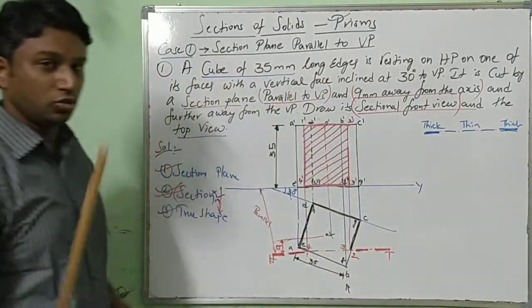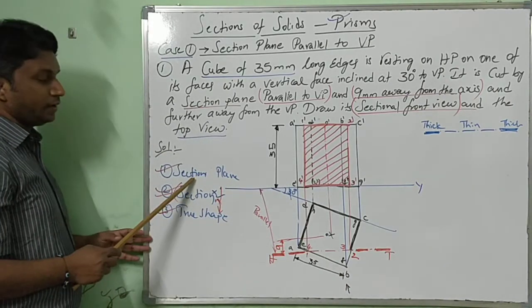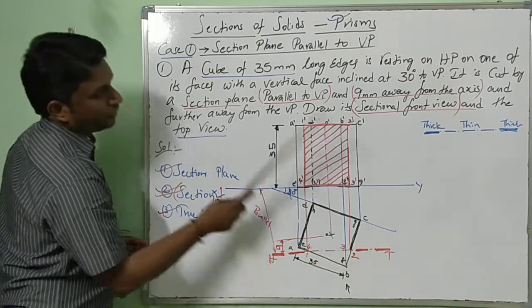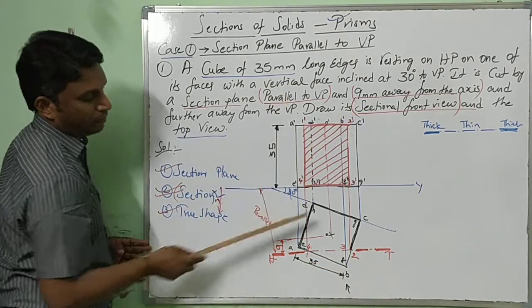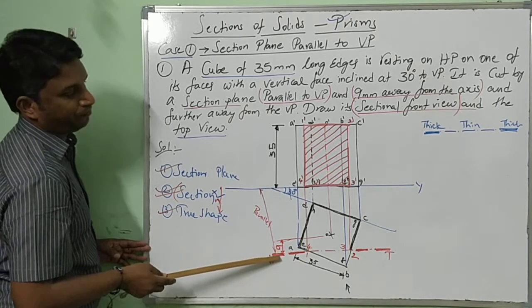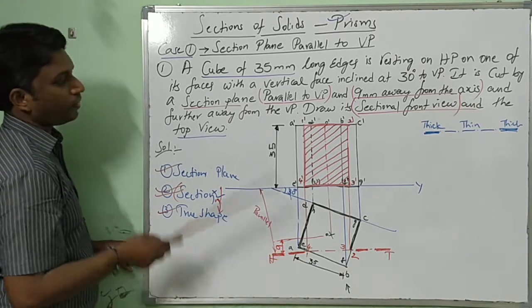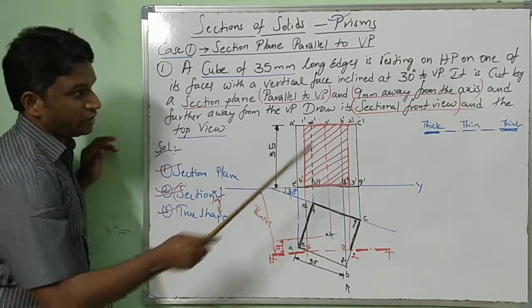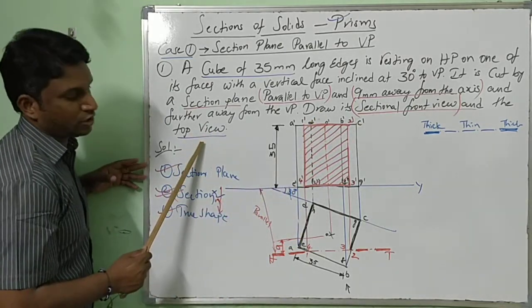Here you have to mainly concern yourself with the section plane. This is the section plane. Depending upon location, parallel to VP, 9 mm away. Parallel up to here, this is 9 mm. Thicken it, and draw its sectional front view. To draw its sectional front view and top view, we have to draw its top view first.